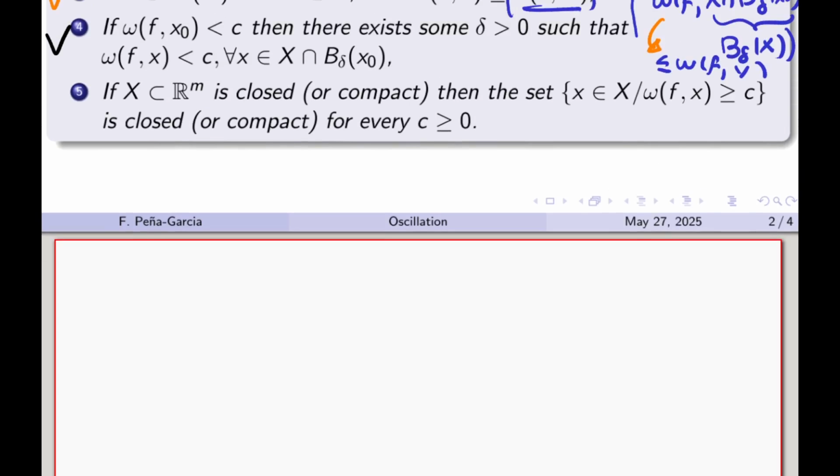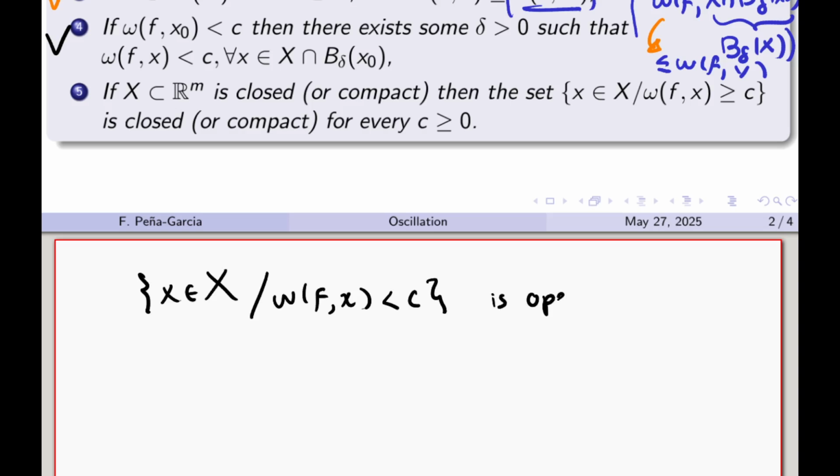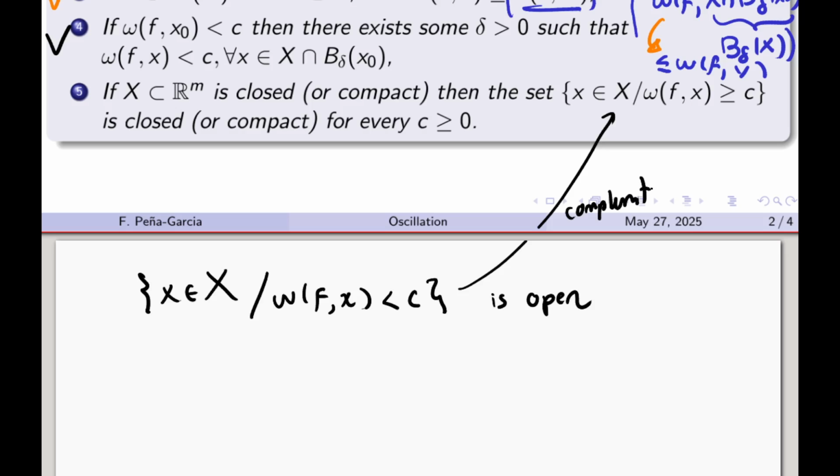A way to prove that this set is closed is by showing that this set is open, because this is the complement of this set. These are complements. So if this is open, then that complement is closed.